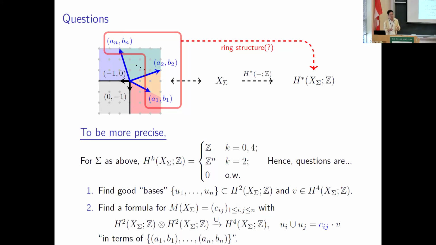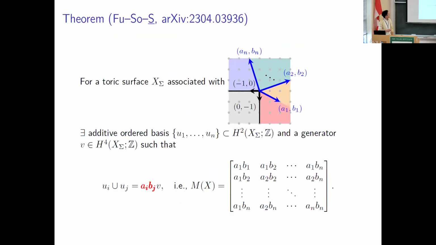And I want to find a concrete formula to obtain c_ij in terms of those vectors, just like the weighted projective space. Okay, so here's our theorem.